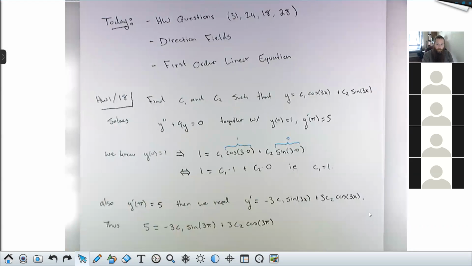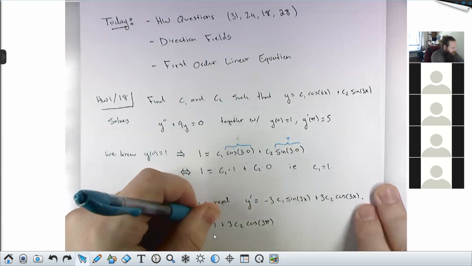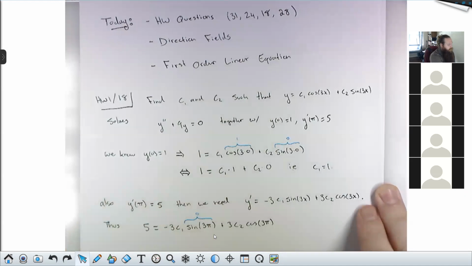And if we need to, we could use the fact that C1 has to be 1. We've already discovered that C1 must be 1. But I don't think we're going to need it because the sine of 3 pi is 0, right? Sine of any integer multiple of pi is 0. So this piece is going to be 0.